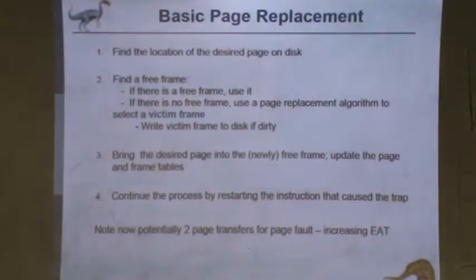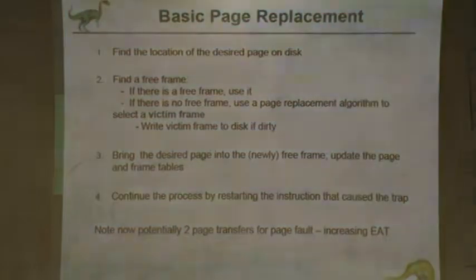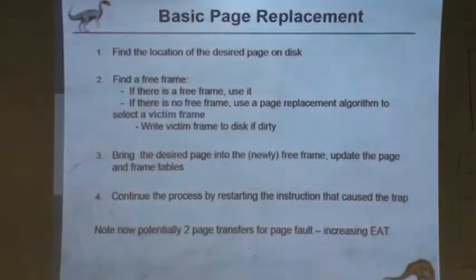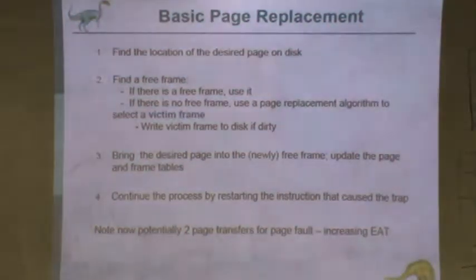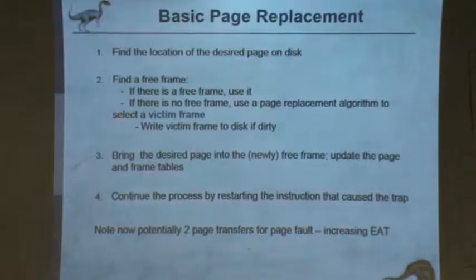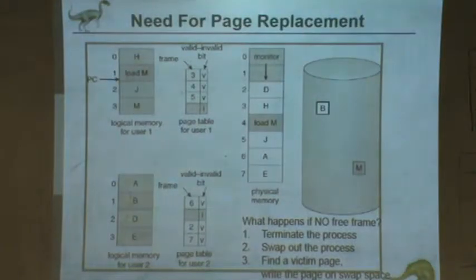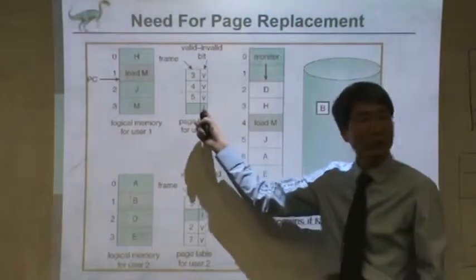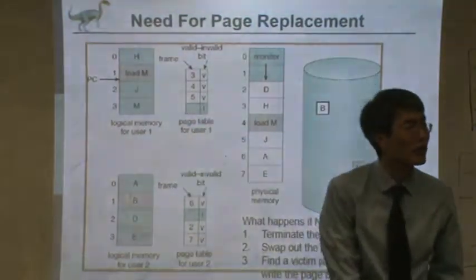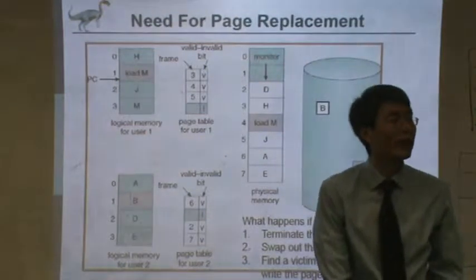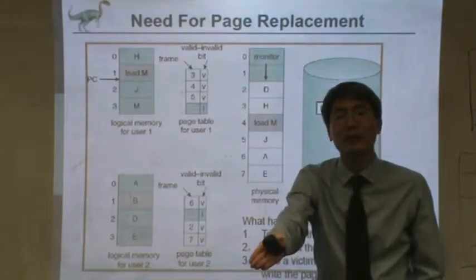Then using the memory mapping table, you can find the physical memory page frame. At that time, in case this frame is invalid, which means you cannot access it from the physical memory, then that causes a page fault trap.